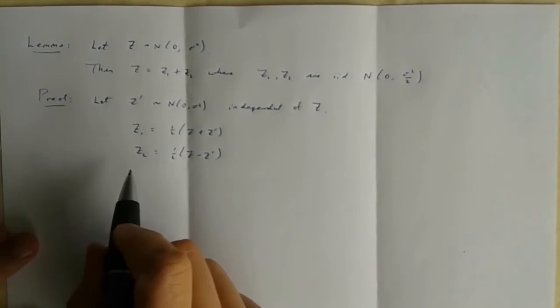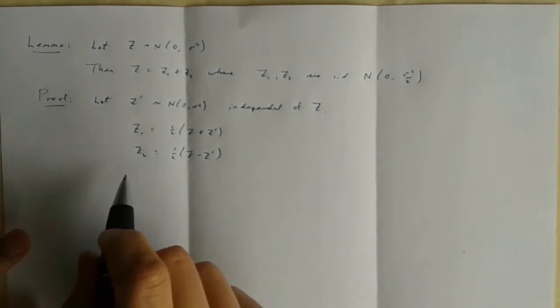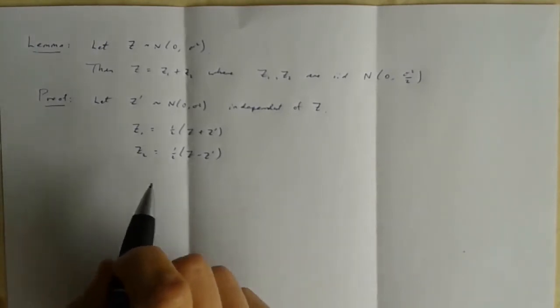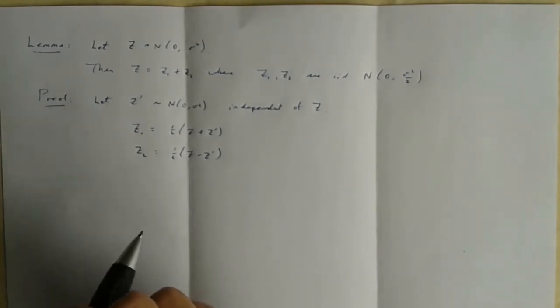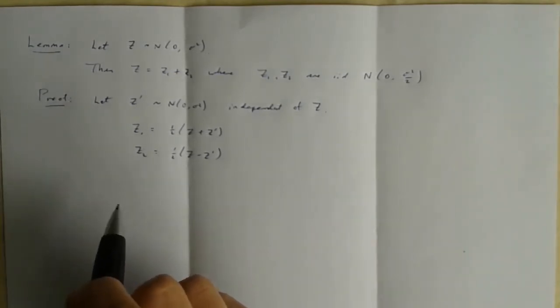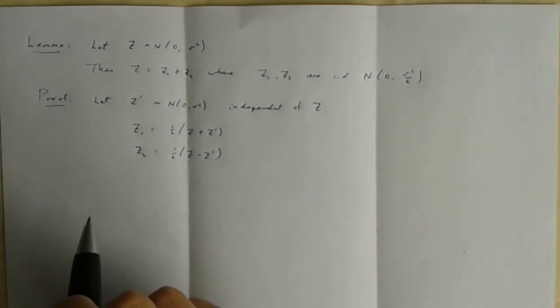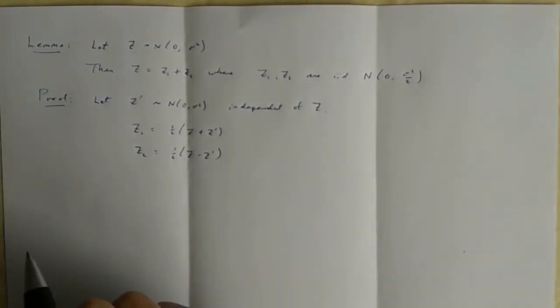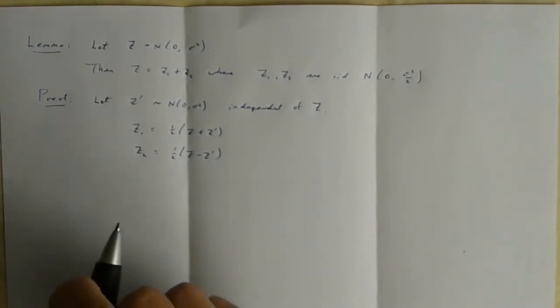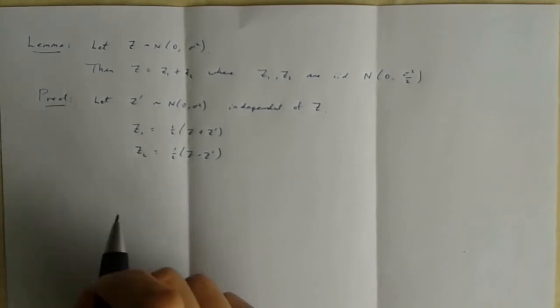Z1 can be the average of Z and Z prime, and Z2 can be a half of Z minus Z prime. If you just look at those, you can check that, yes, Z1 and Z2, if you add them together, you get Z. Z1 and Z2 are both normally distributed with mean 0 and variance sigma squared over 2. That's easy to check. And in fact, the covariance, if you care to work it out, of Z1 and Z2 is 0, which means that Z1 and Z2 are independent.